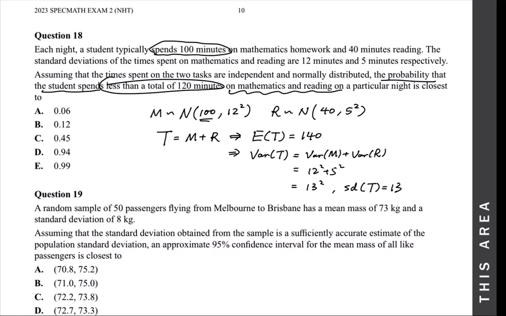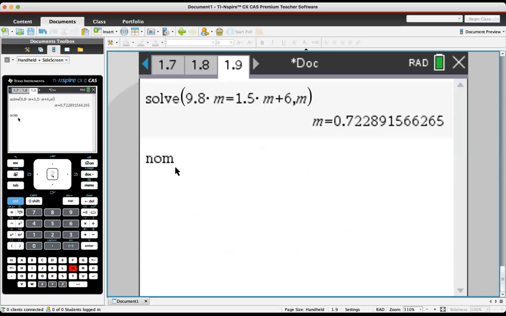All right. My target is to get T less than 120, so we are looking for the probability T less than 120. Now it's time to use our norm CDF to get the answer. Let's have a look. Norm CDF, minus infinity.